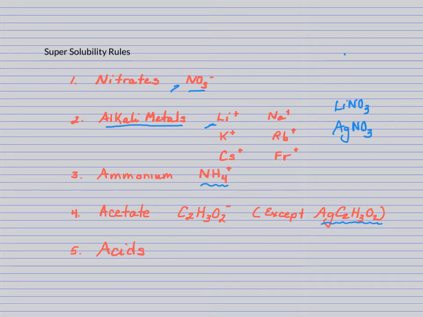So silver ion is almost always insoluble. There's only one time when it's not. And acetate is always soluble. There's only one example when it's not. And all acids are soluble. So nitric acid, sulfuric acid, all the acids are going to be soluble.